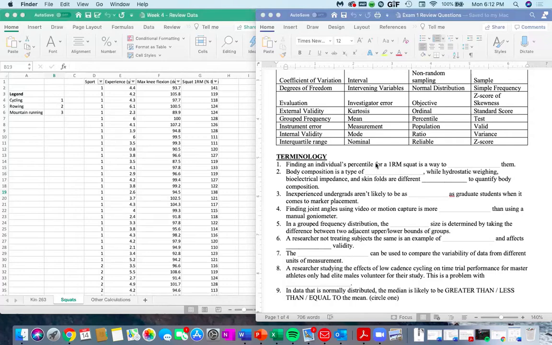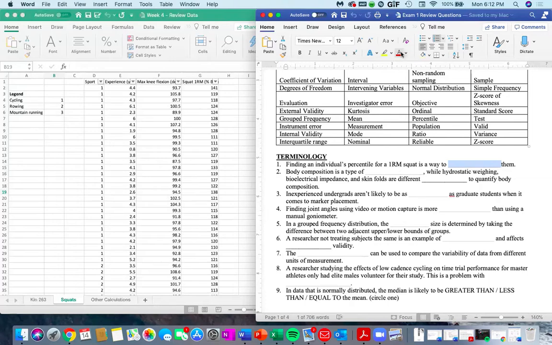To evaluate them? Evaluate, there we go. So it's a way to evaluate people. Remember, we can use percentiles to compare people to other people, but a percentile is an evaluation method, because we're looking at one person in a scale of scores that have been collected.